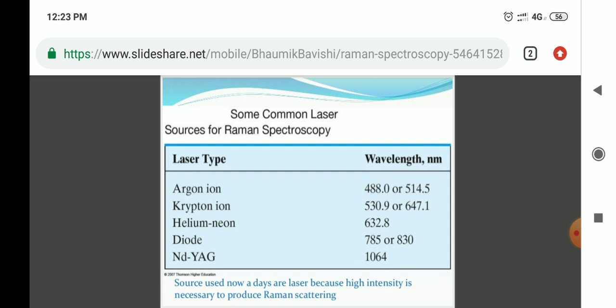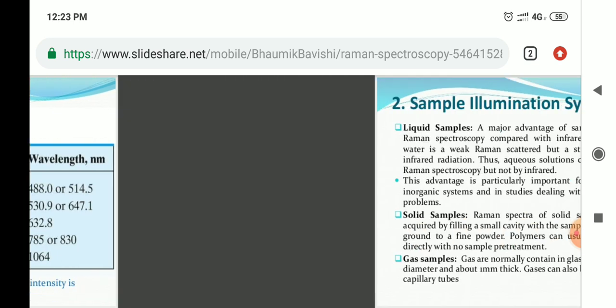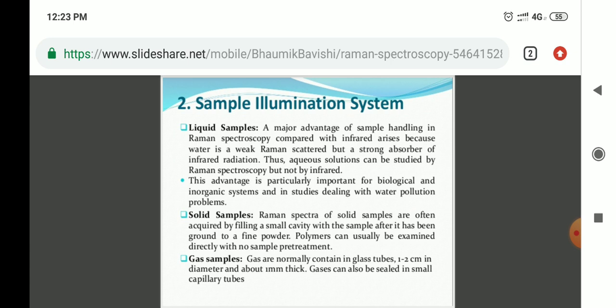Helium neon is 632.8 nanometer, diode is 785 or 830, and Nd:YAG is 1064. Lasers are used nowadays because high intensity is necessary to produce Raman scattering.